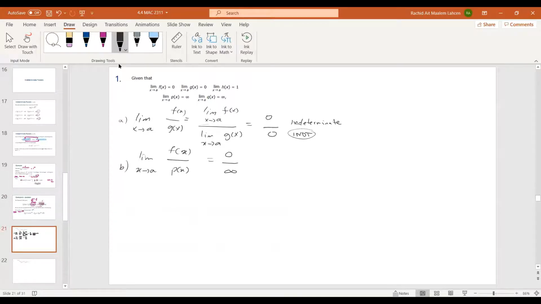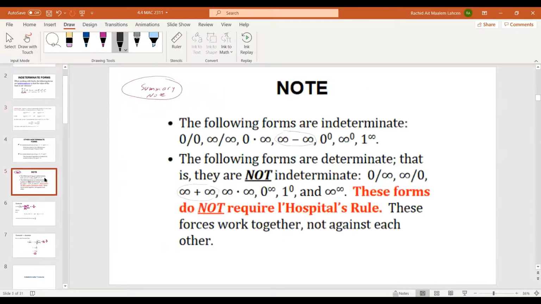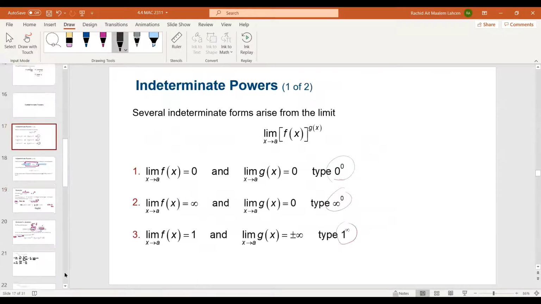If you look at the notes again until you get used to them, 0 over infinity is not an indeterminate form, and it does not require L'Hopital's rule in this case. Why?